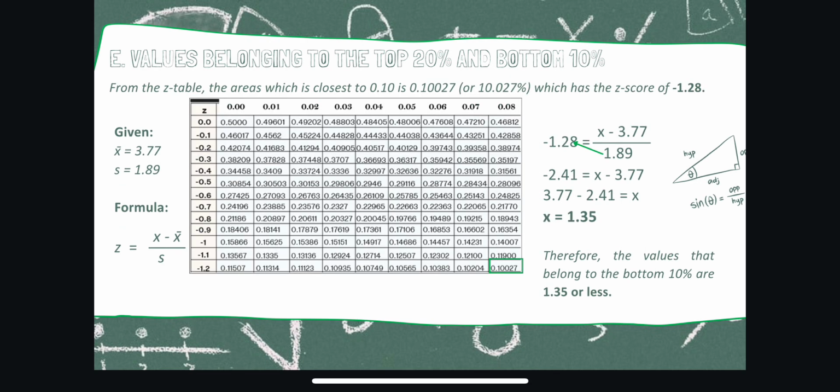Next, for the bottom 10%, we located the Z-score corresponding to an area of 0.10 in the Z table, which is approximately z equals negative 1.28. Substituting the values into the same formula, we obtain x equals 1.35 hours.